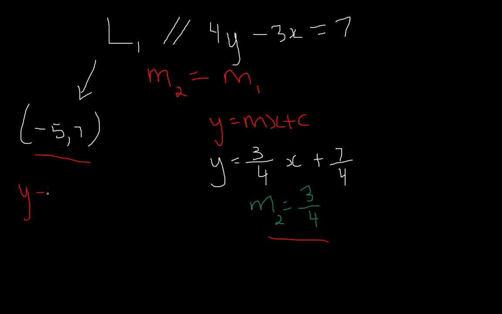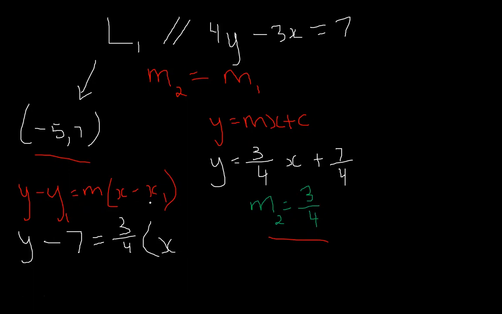So y minus y1 is equal to m(x minus x1). Put back your y1 is 7, m is 3/4, and x1 is minus 5. So that's minus minus 5.